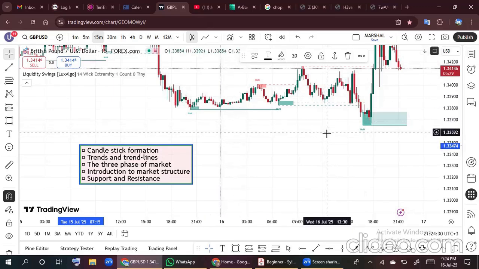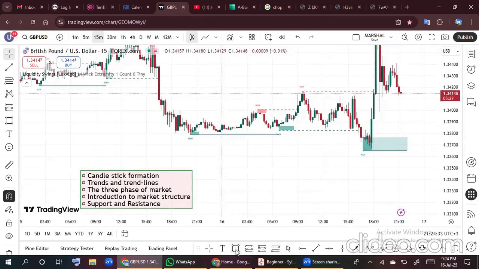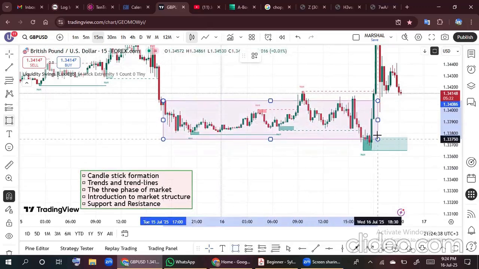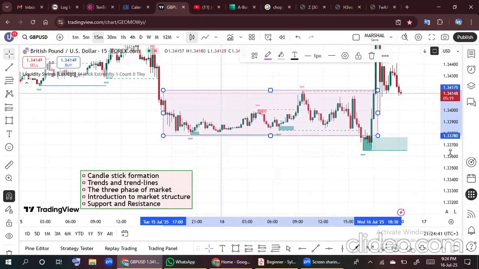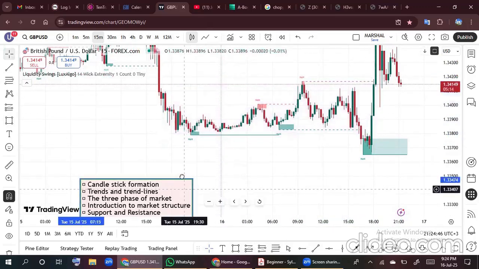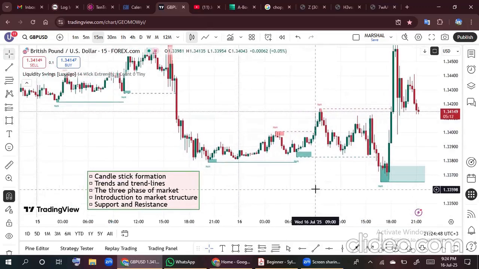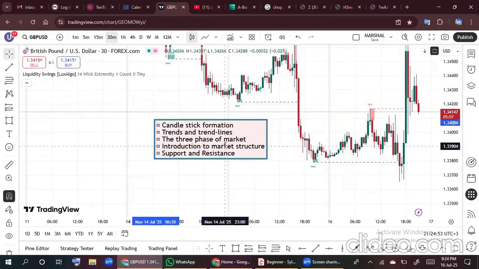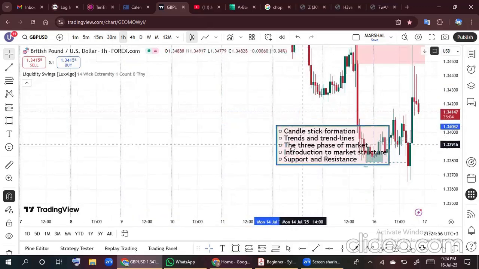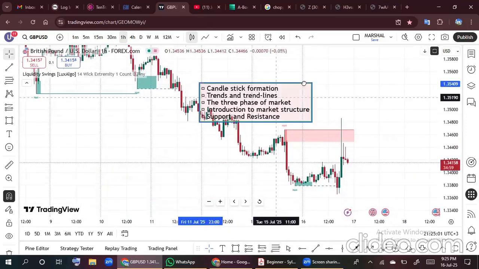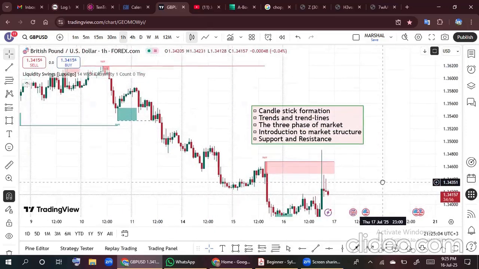So we all understand what that is. Even this, what you see here, is an example of a ranging market. Here, an example of a ranging market. The popular ones are either the market is uptrending, downtrending, or consolidating. So you see those things very commonly in the market.